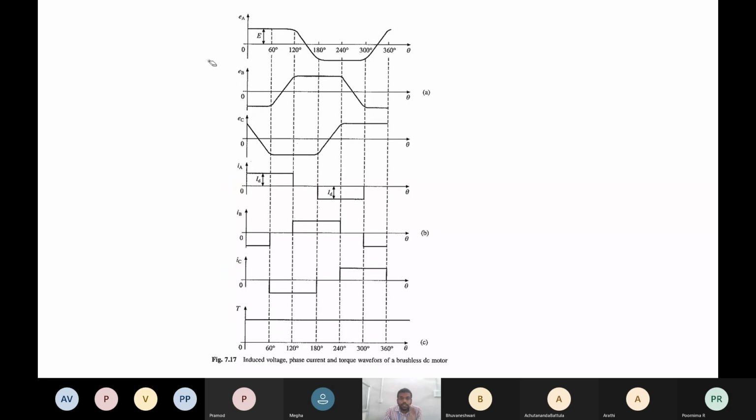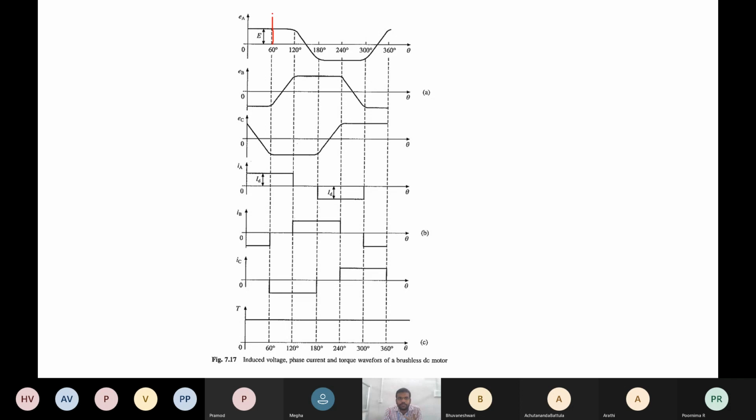We will study this waveform one by one. Look here. As I previously told, for every 60 degree phase angle, the operation is taking place. First phase A: the voltage is flowing through this for 60 degrees, till here.